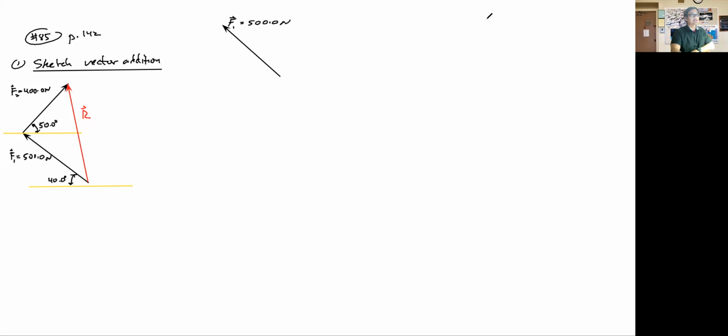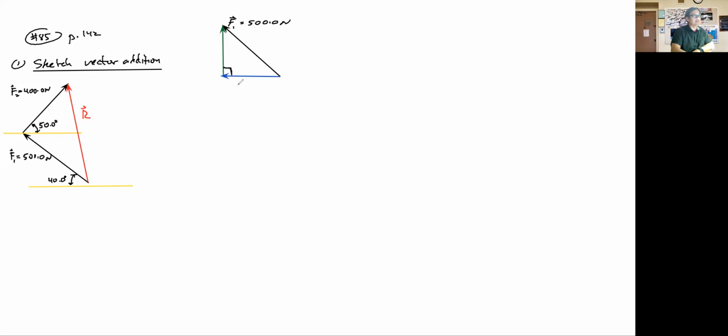With that said, let's draw the x and y components. Here we have the x component for force vector 1, and then we'll also draw the y component. There is right triangle number 1, made up of these vectors here.